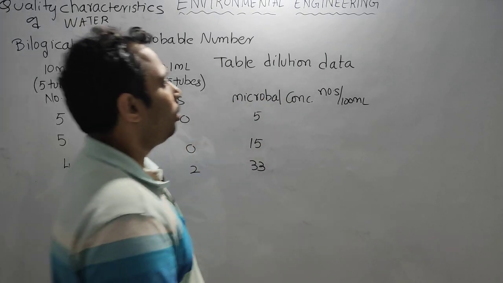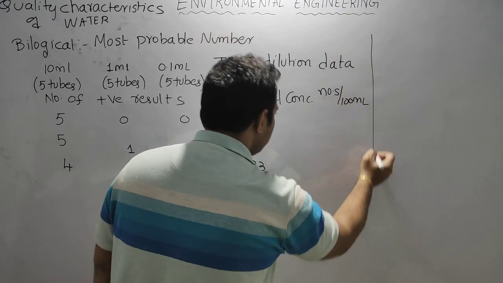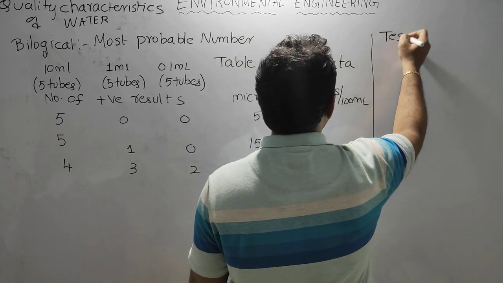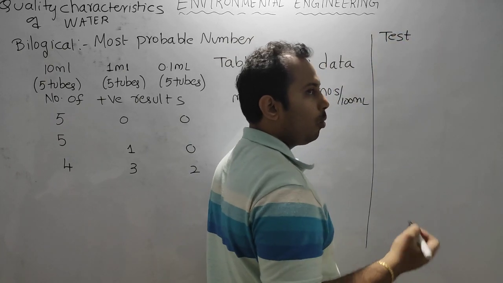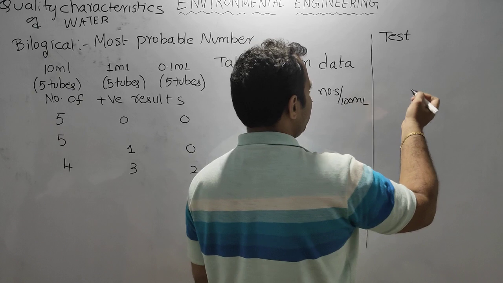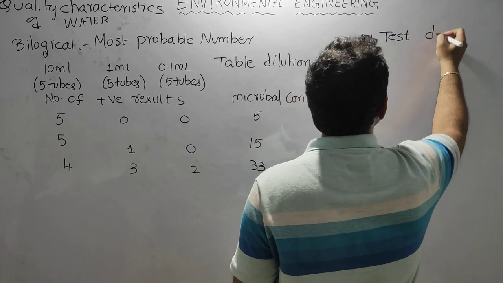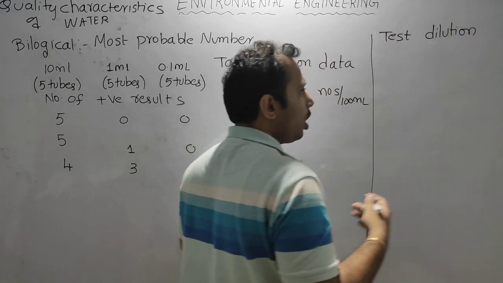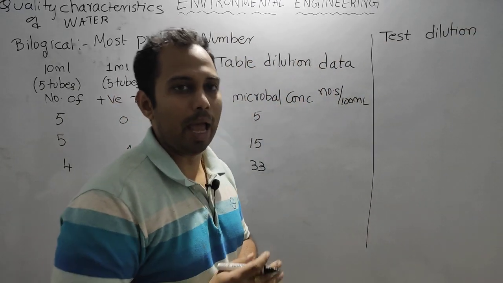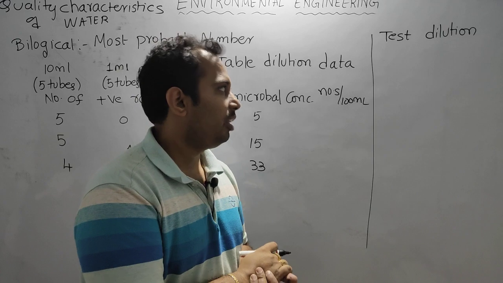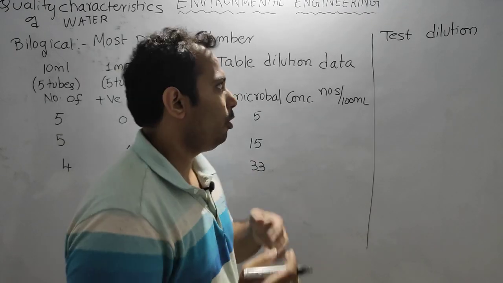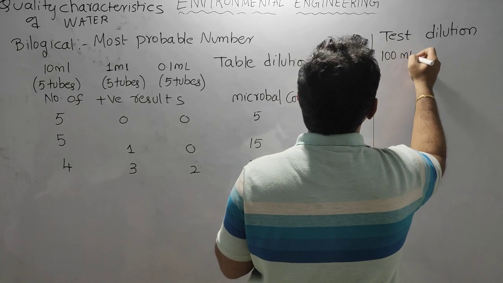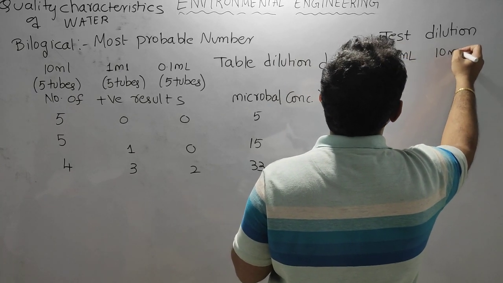So we have brought this chart to the site and we want to test the water. That water is called the test dilution. We take different samples depending upon the availability of apparatus. If you have big apparatus, you may take a test dilution of 100 ml, 10 ml and 1 ml.